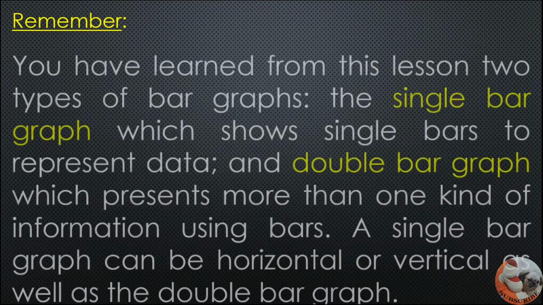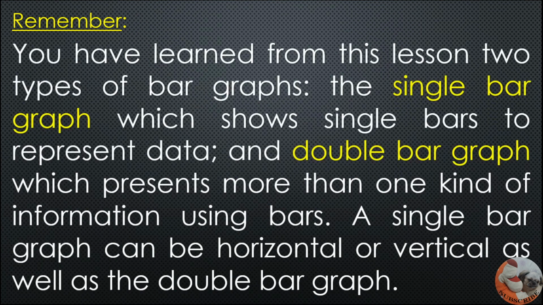Remember, you have learned from this lesson 2 types of bar graphs. The single bar graph, which shows single bars to represent data, and double bar graph, which represents more than one kind of information using bars. A single bar graph can be horizontal or vertical as well as the double bar graph.